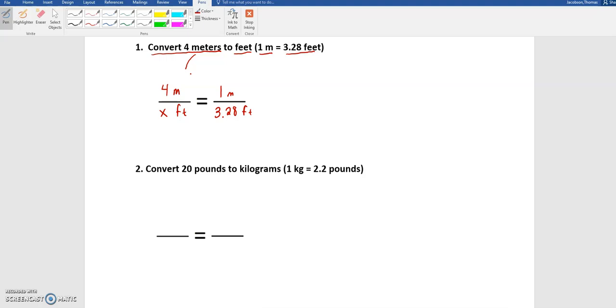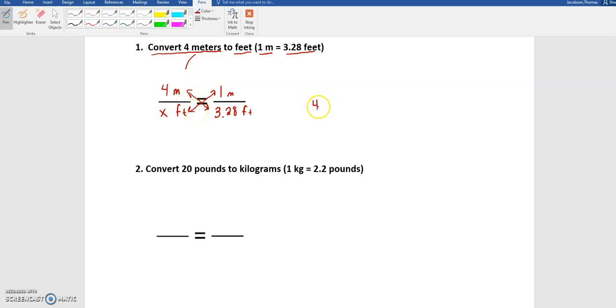And now it's like math class. We've got 1 meter is the same as 3.28 feet, and we want to know if you have 4 meters, how many feet is that? So we can solve this just like a problem in your math class. When you have 2 fractions set equal to each other with one unknown, we can use cross multiplication. So I can multiply these 2 values and set them equal to those 2 values, and we can ignore the units.